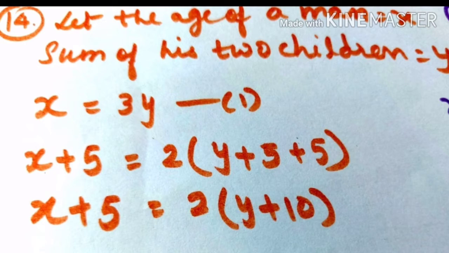As I told you students, you have to read the question thoroughly and understand it properly. Here the age of a man is 3 times the sum of the ages of his two children.